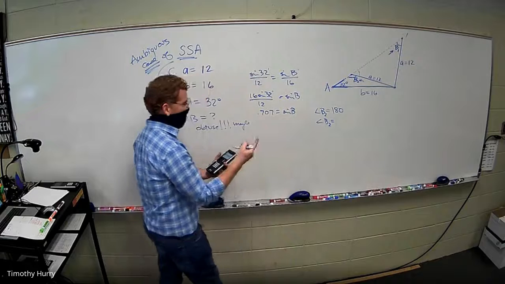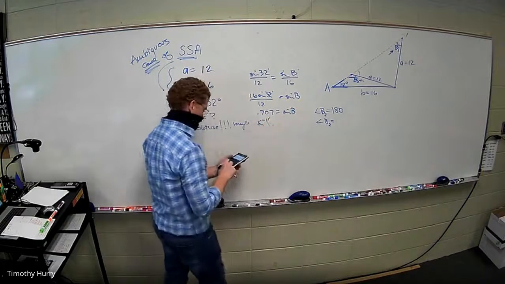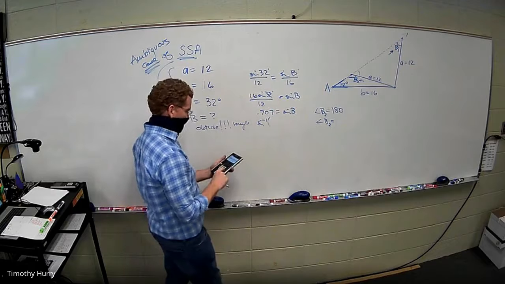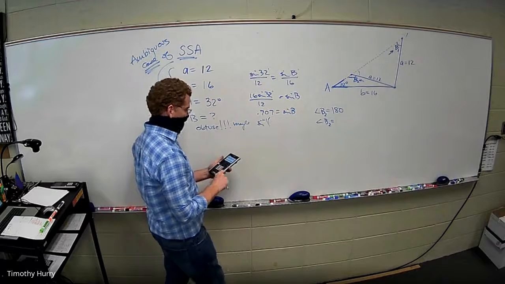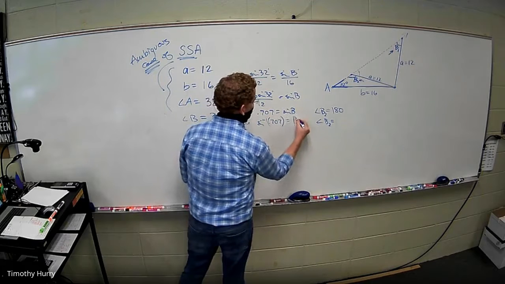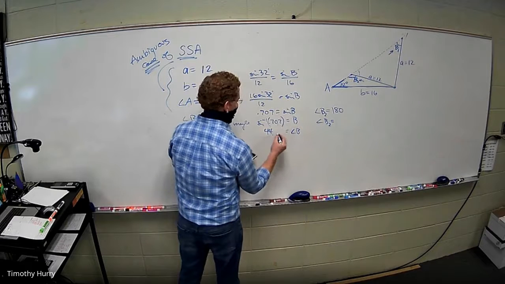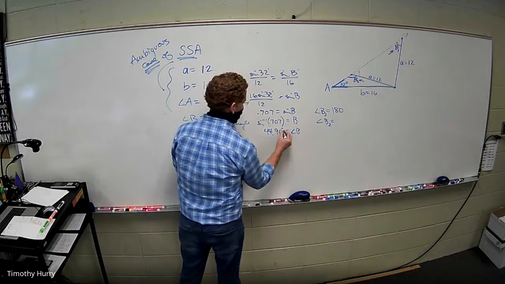Rounded to 3 decimal places, whatever. But again, this is just rounded. And then now when I inverse sine, the answer, that's better. I get angle B is 44.96 degrees.